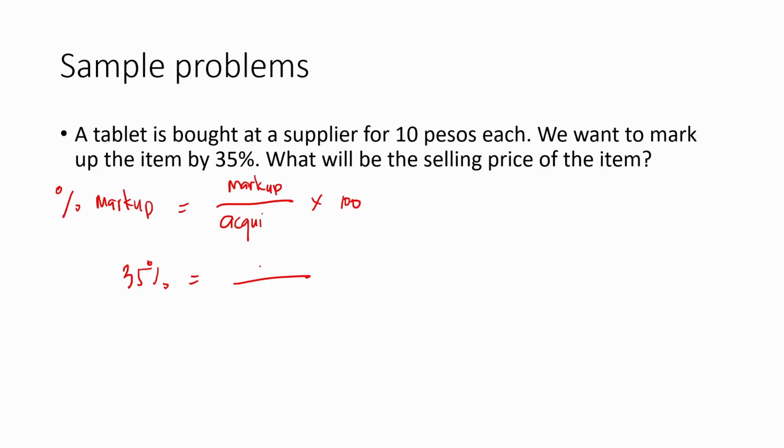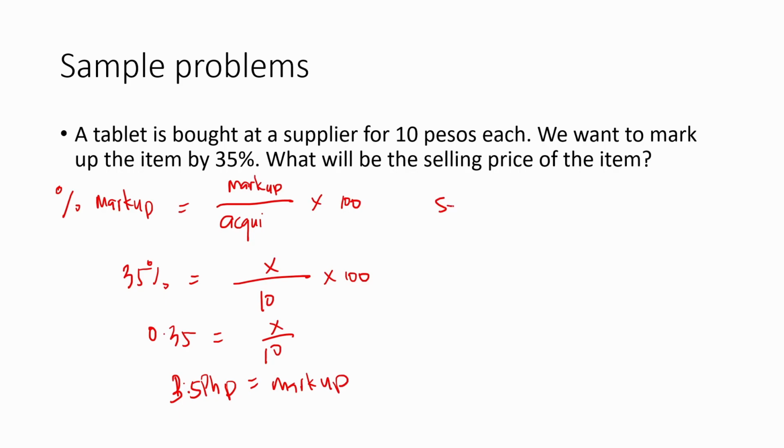We don't know how much our markup is, but our acquisition price is 10 pesos. So 0.35 equals x over 10. So our markup is 3.5 pesos. That's our markup.